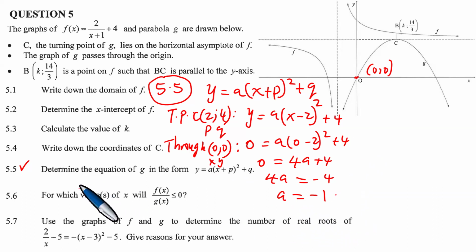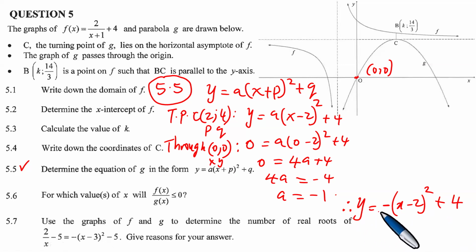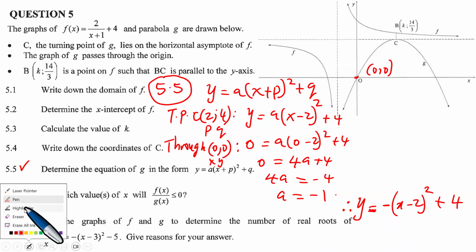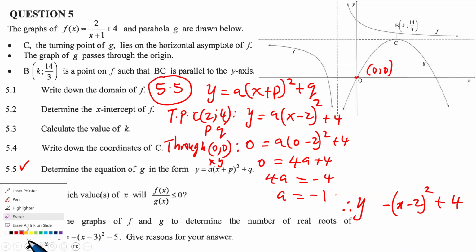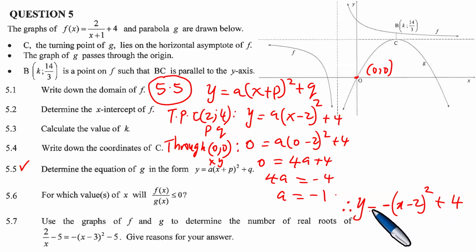So that's what we have here. After having obtained a equals minus 1, the conclusion is that y equals minus (x minus 2) squared plus 4, as written here.